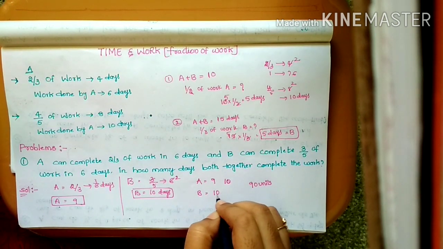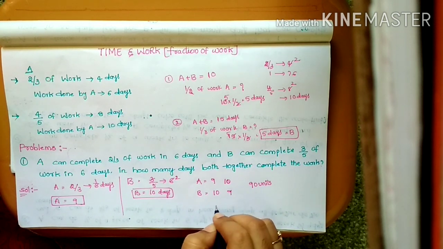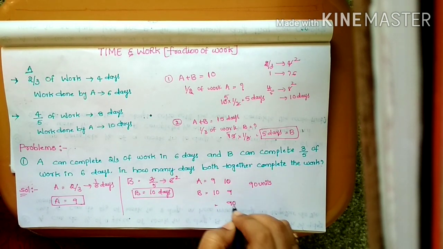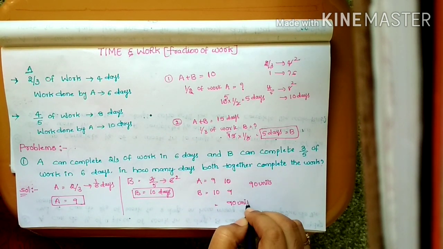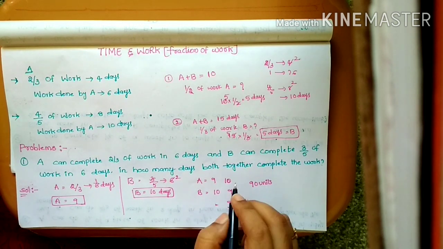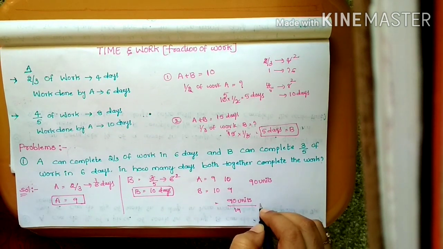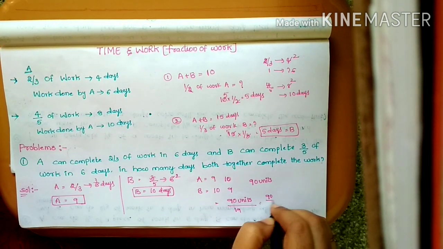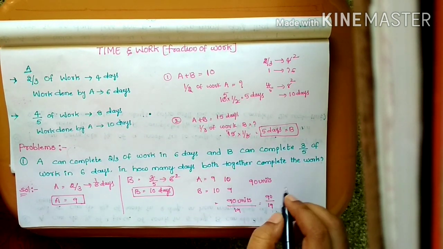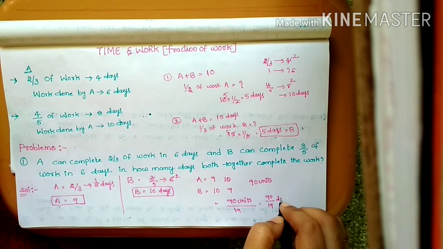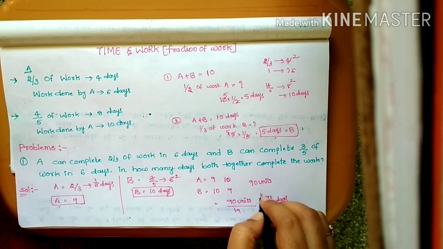B is equal to 9 units per day. So total work is equal to 90 units. Both together is 10 plus 9 is 19. So 90/19 days together complete the work.